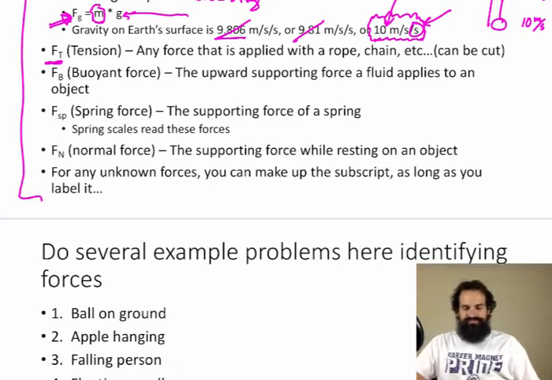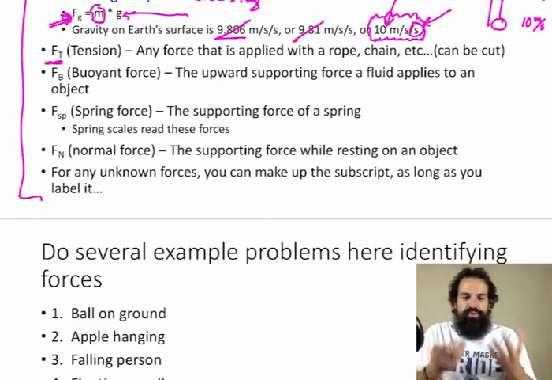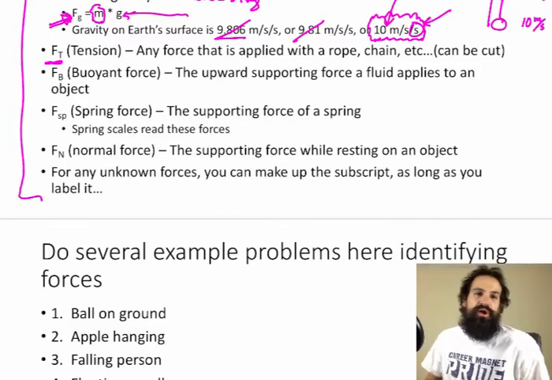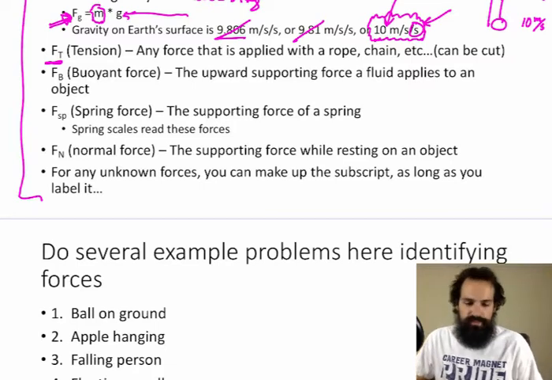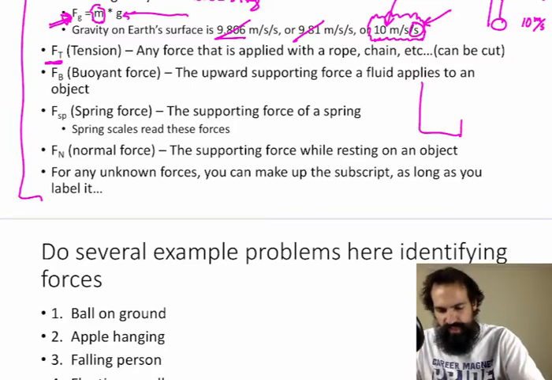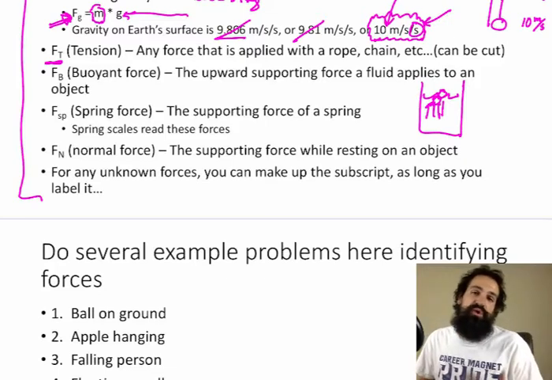Buoyant force. This is the upward supporting force that a fluid applies to an object. So if you throw a child in the pool, as the child is in there, before they start swimming, the water will automatically try to push them up. The water is always trying to push you up when you're in the water.